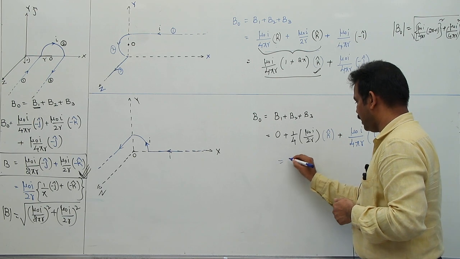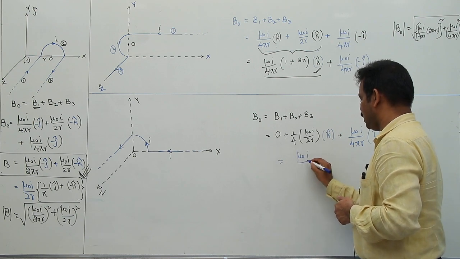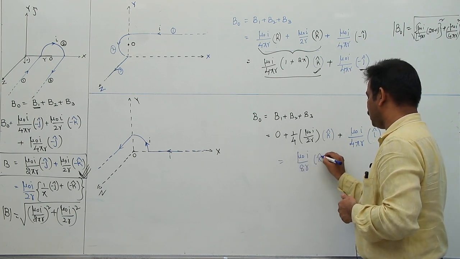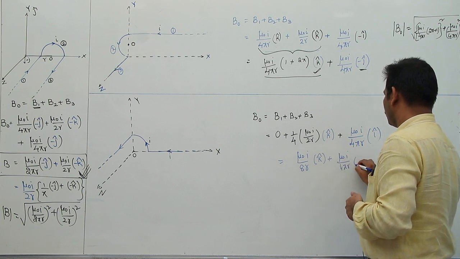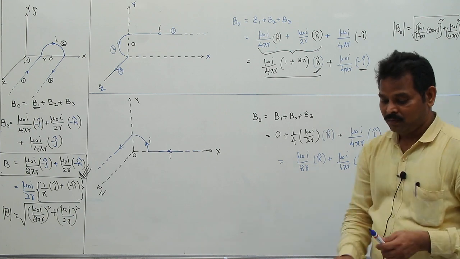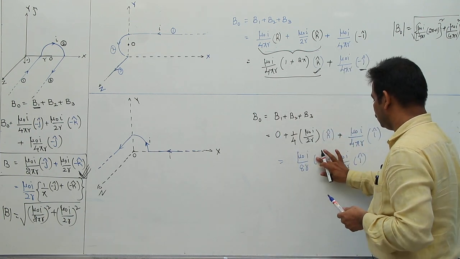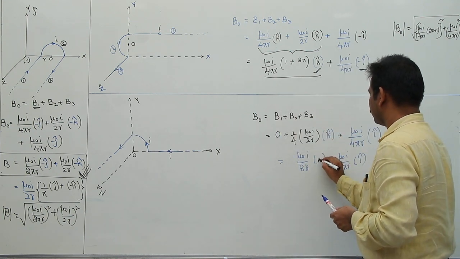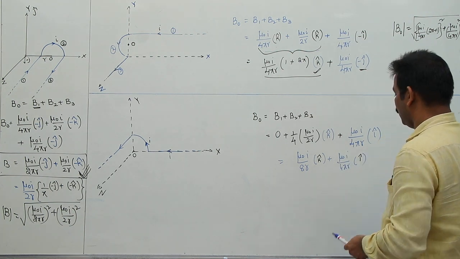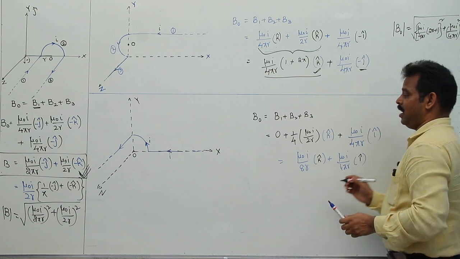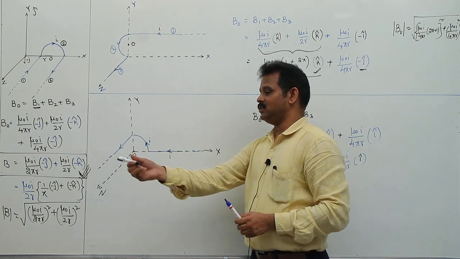So you can write this as mu naught I by 8r k cap. This is mu naught I by 4 pi r I cap. So now, based on these two, this is k cap, this is I cap. Now, once again, I is along x-axis, K is along z-axis.